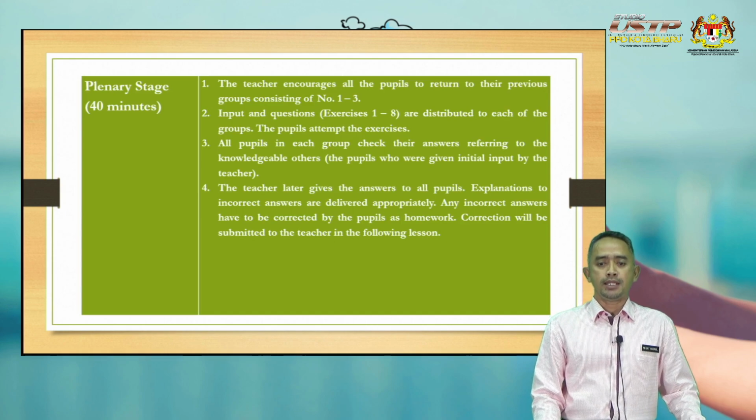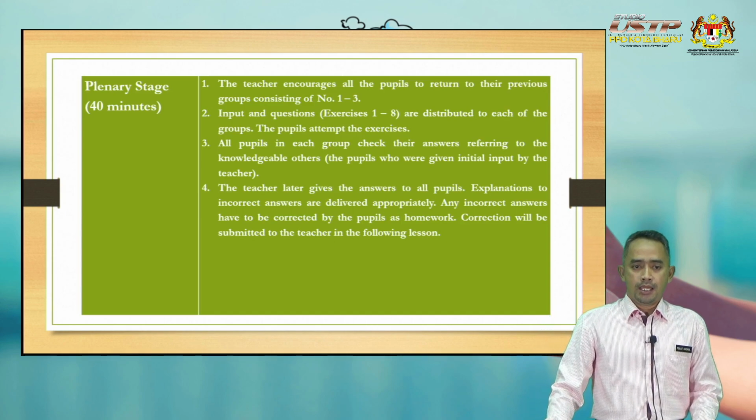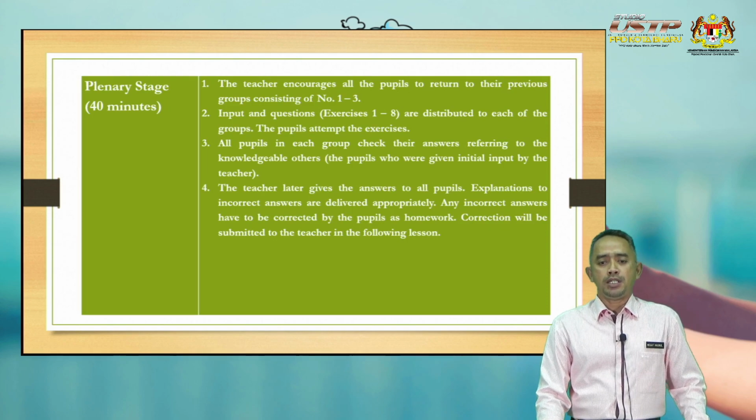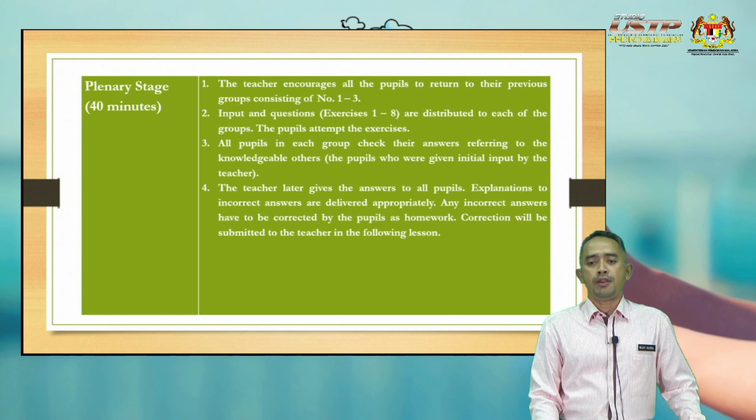The pupils attempt the exercises. Number 3, all pupils in each group check their answers referring to the knowledgeable others, the pupils who are given initial input by teacher. Okay, number 4, the teacher later gives the answer to all pupils.